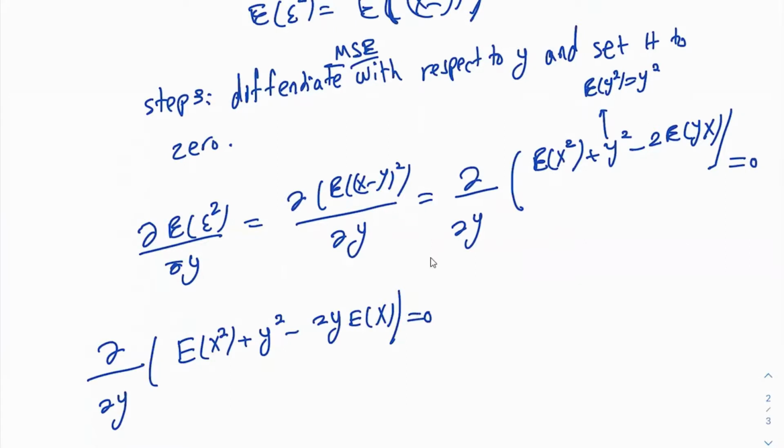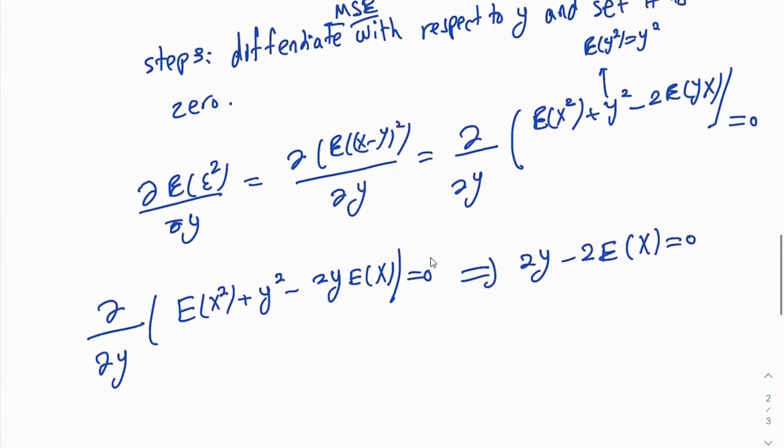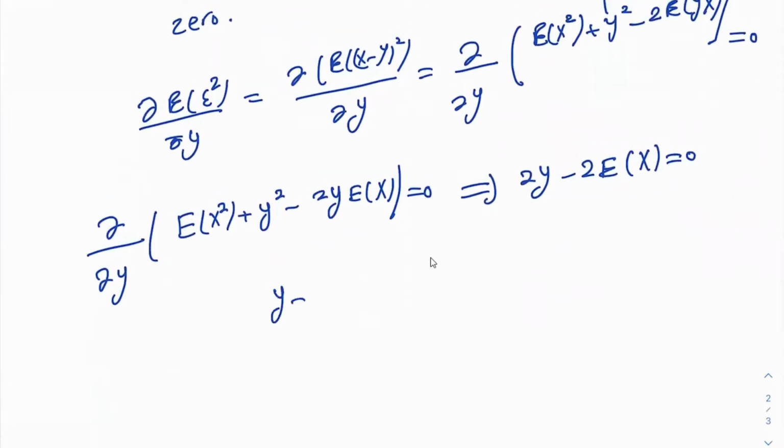Now perform the differentiation here. The expected value of x squared is not a function of y, so this would be 0. So this will be 2y minus 2E[x] equal to 0. Therefore, y is equal to the expected value of x.